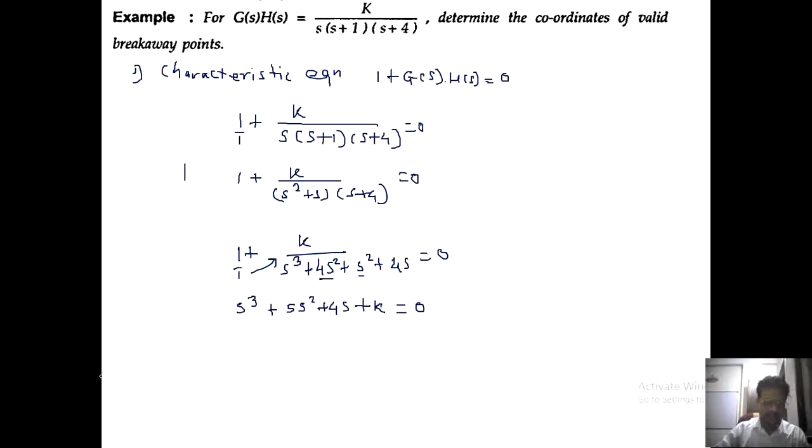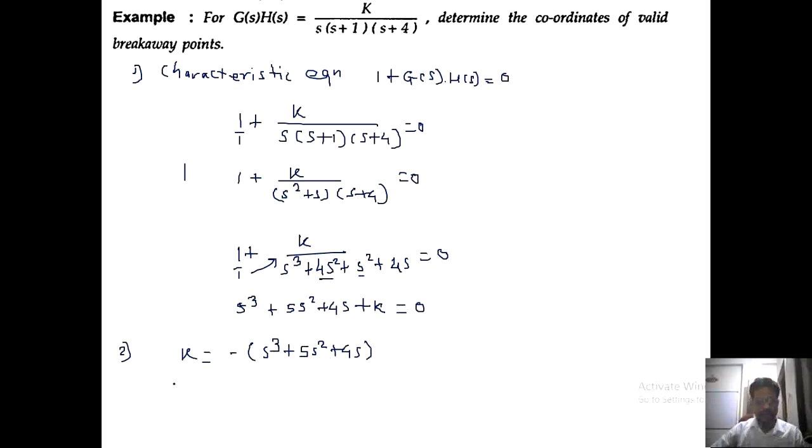Now secondly, write the equation for the value of k. So k equals, all terms get a minus, so minus of s cube plus 5s square plus 4s.